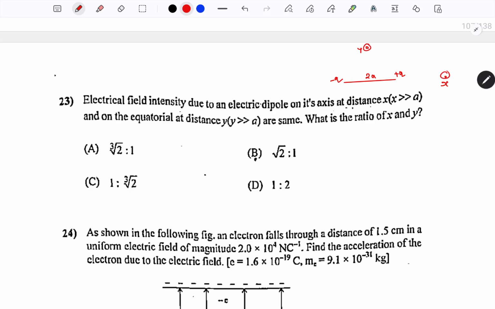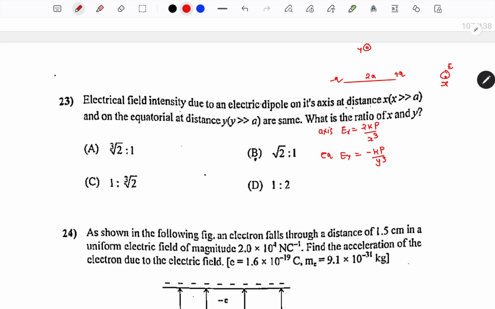Here the electric field at both points is the same, and we know that for axis the electric field Ex is equal to 2kp by x cube, and for equatorial the electric field Ey is equal to kp by y cube.